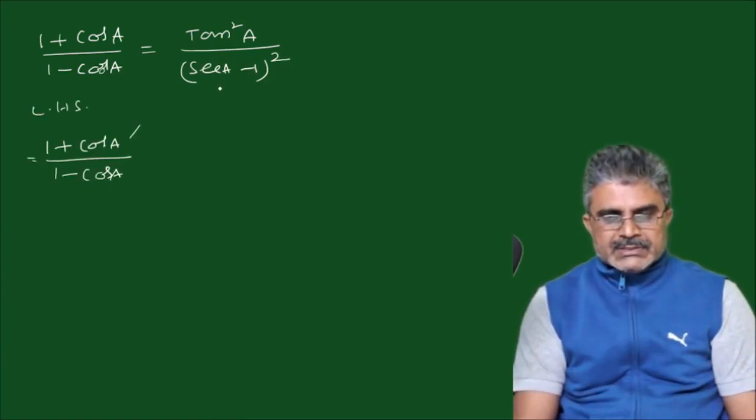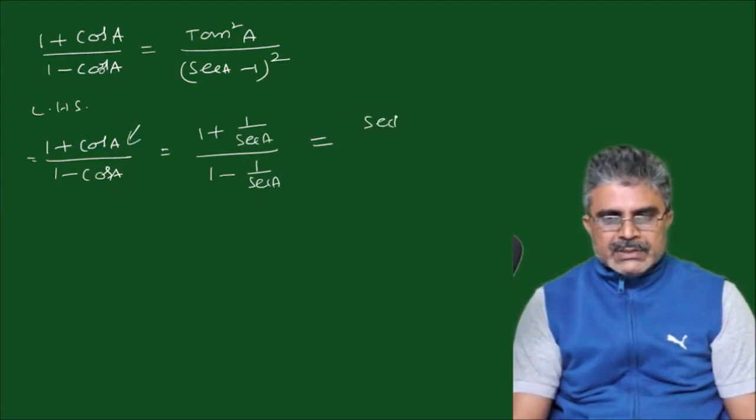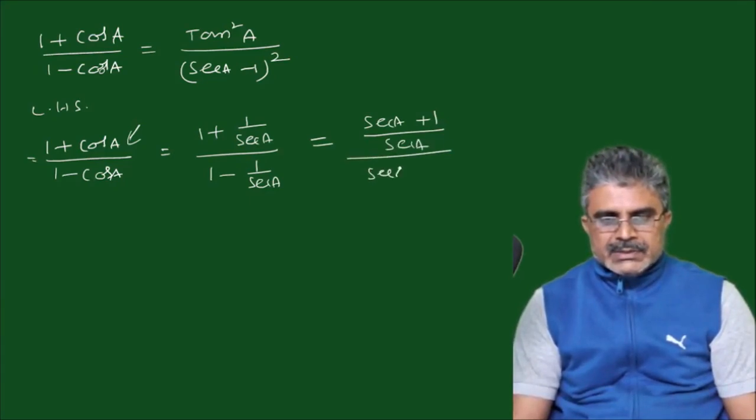Because the right hand side is given with tan and secants, I want to convert this cos in terms of secant A. So for that I want to write 1 plus 1 by secant A divided by 1 minus 1 by secant A, which in turn will give secant A plus 1 divided by secant A whole divided by secant A minus 1 whole by secant A.